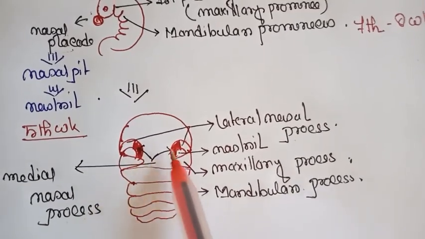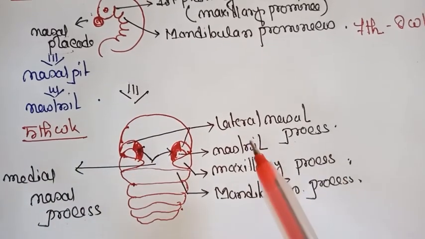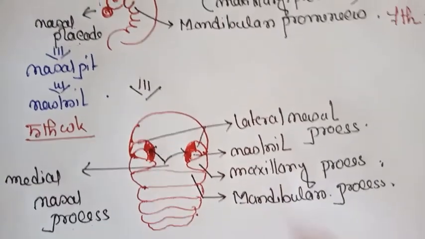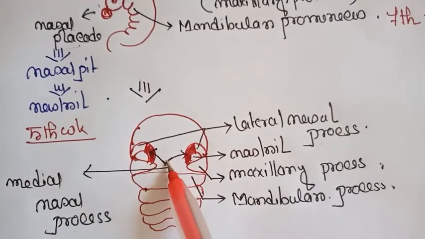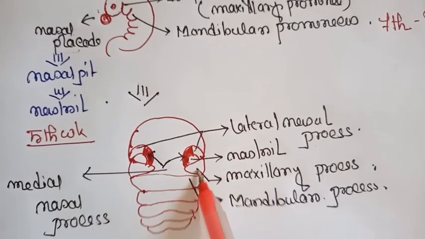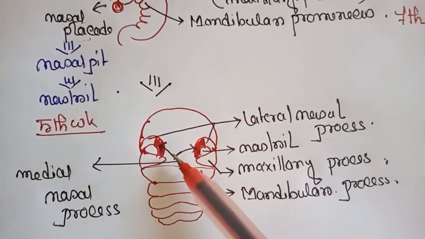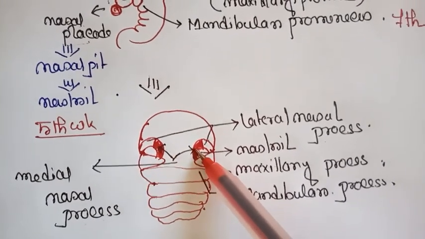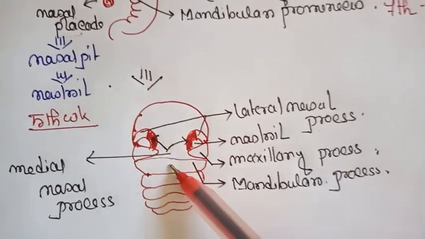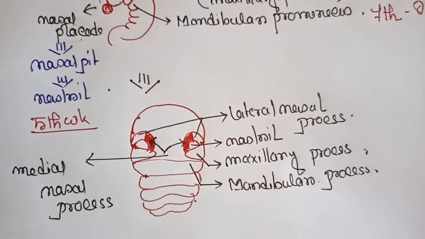After the fusion of the medial nasal processes, the middle portion of the upper lip and the primary palate are formed. When the medial nasal process also fuses with the maxillary process, the lateral side of the lip is formed. The primary palate, when extended from the maxillary process, forms the secondary palate.